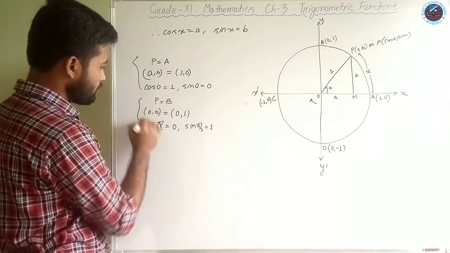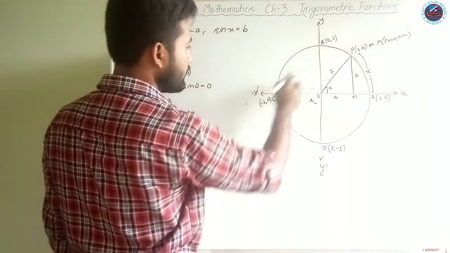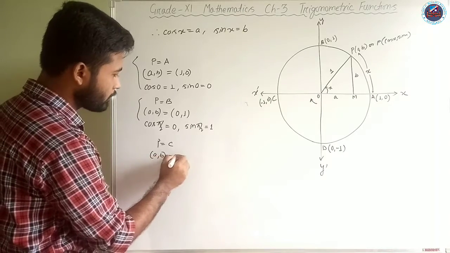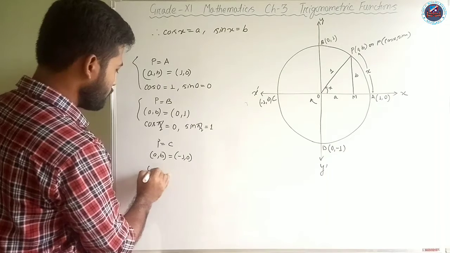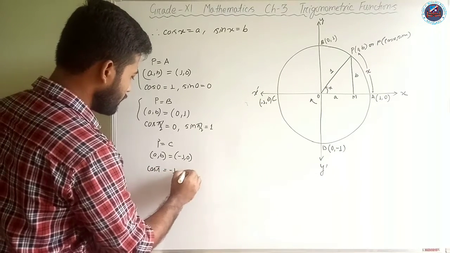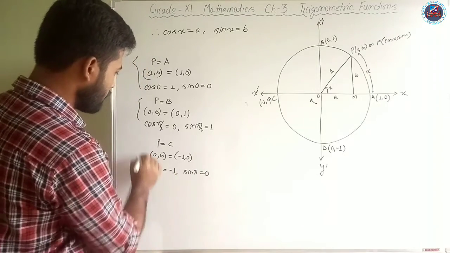Next, when the point P reaches the point C, at that time AB will be equal to (-1, 0), and there we get cos pi is equal to minus 1 and sin pi is equal to 0.